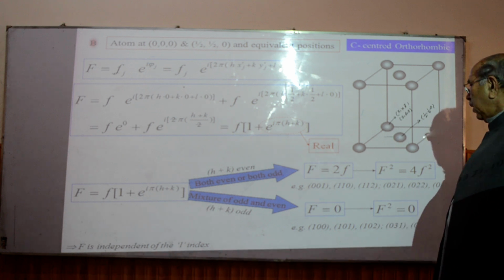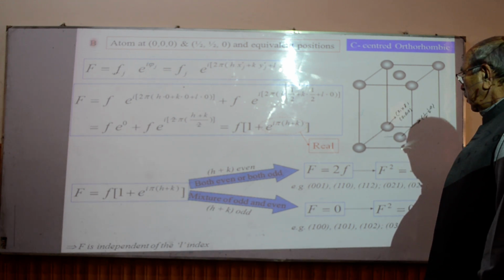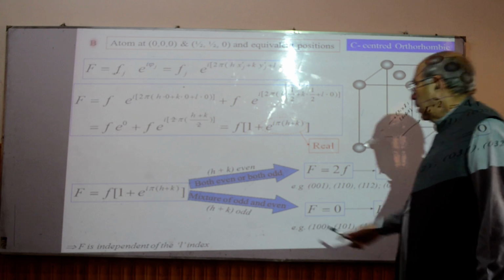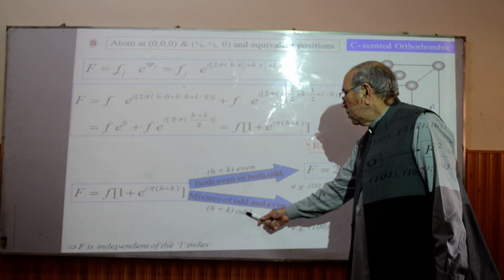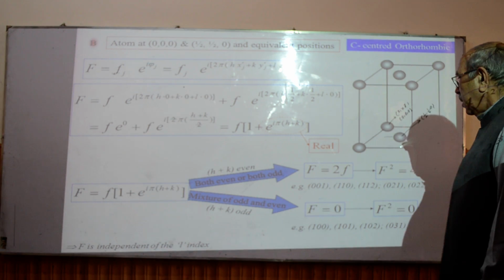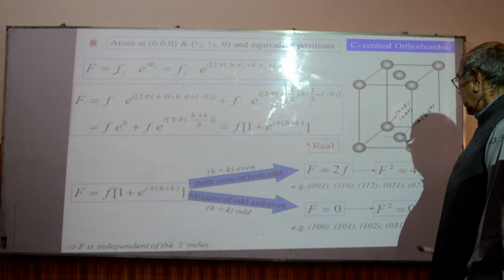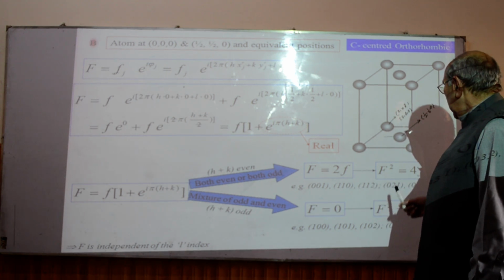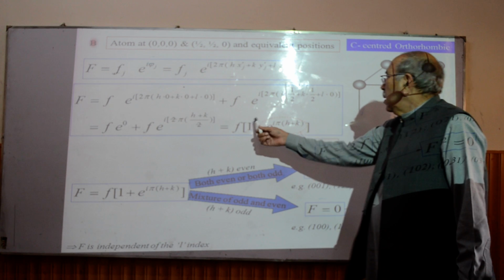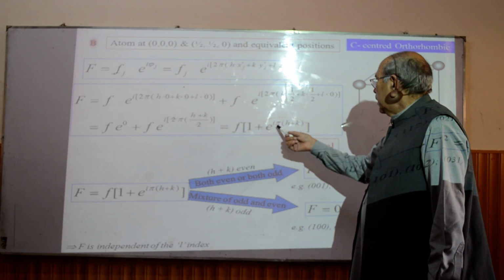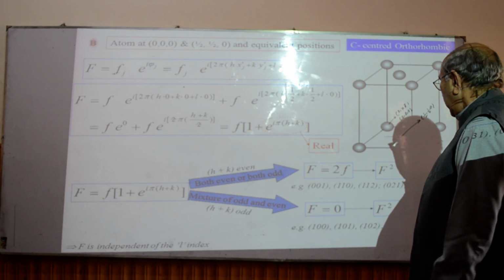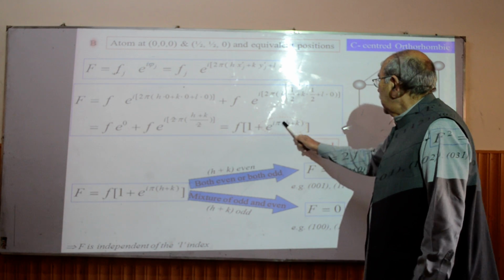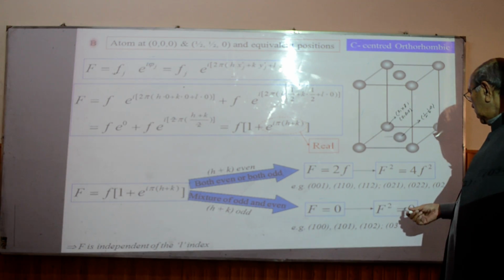However, if I substitute the values of h and k where h plus k is odd, this number will be f and this number will be minus f. So f minus f will be equal to 0.